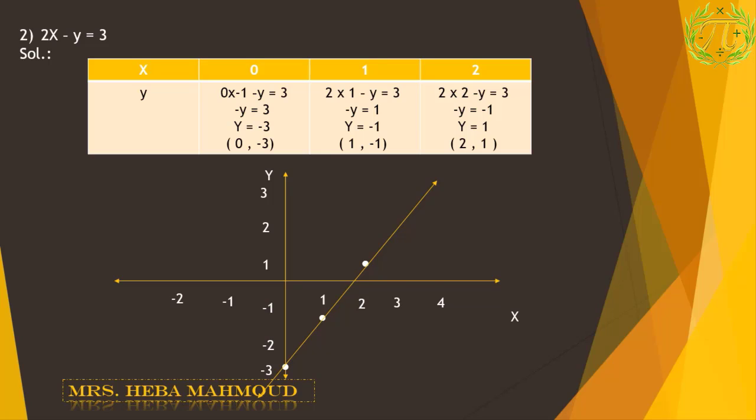If we choose x equal 1, it will be 2 times 1 minus y equals 3, so y equals -1, so the second ordered pair will be (1, -1). If we choose x equal 2, so y equals 1. Now we plot the 3 ordered pairs and draw a straight line on the Cartesian coordinate x and y passing through the 3 ordered pairs.